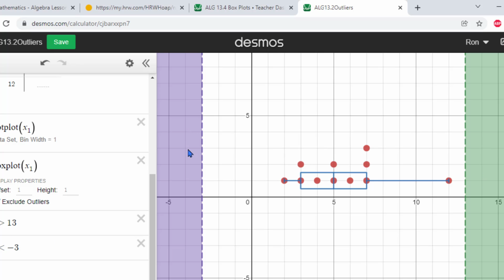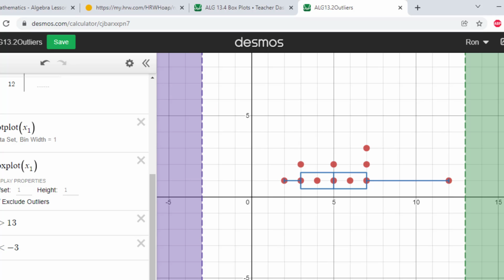Or if it's over here in this purple section, it would be an outlier. Well, is the number 12 in the green section? No. So it's not an outlier. If it had been the number 14 over here, then it would be an outlier. But it's just within, I call it the boundaries. That's just a word I made up for that. Not necessarily the math definition of boundaries, but that's what I call these lines over here on the ends.